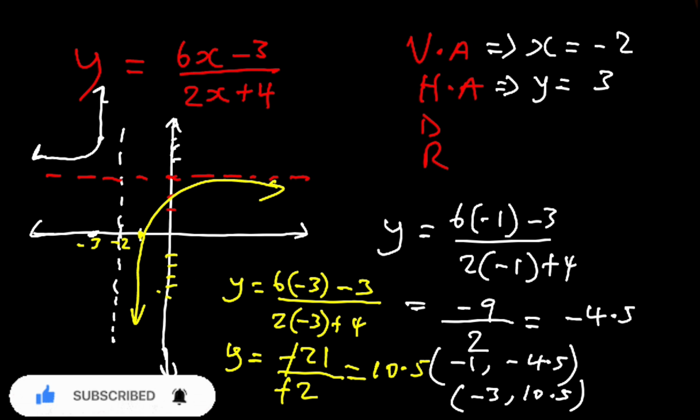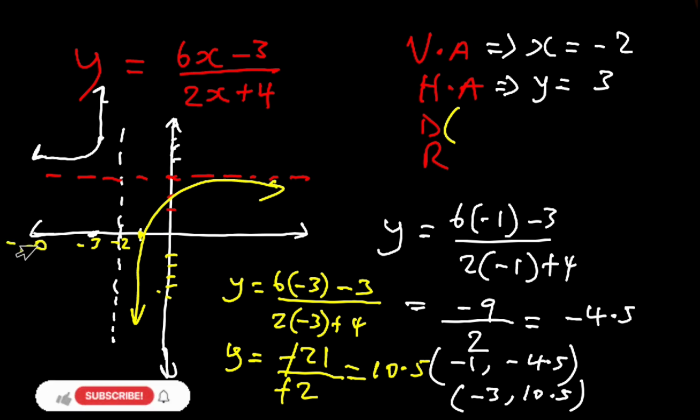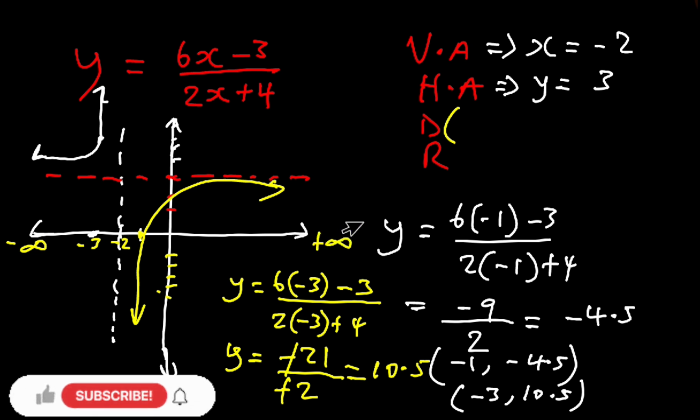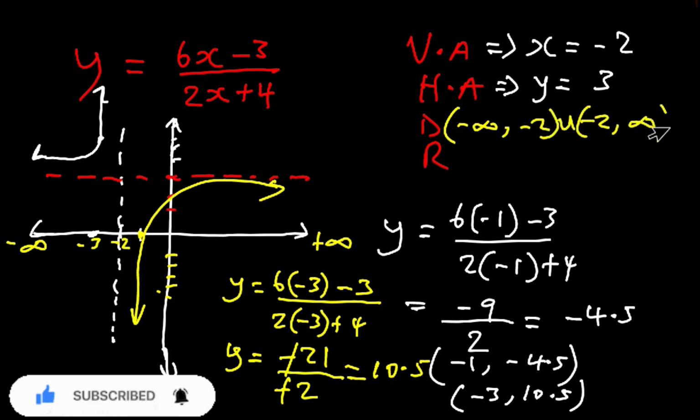Alright, so having graphed it, let's find the domain and range of the function. Remember, the domain is the possible x values that will satisfy this function and make it defined. And in writing the domain, you remove the vertical asymptote. So here we have -infinity and +infinity. The domain is going to be -infinity, comma, the vertical asymptote is -2, then -2, comma, infinity.